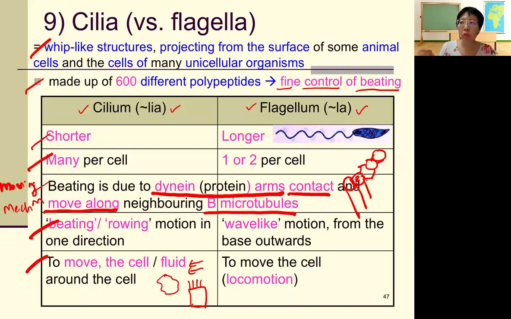And also, once the egg is released to the oviduct, the cells of the oviduct contain cilia to create the current for the mucus to move so that the eggs will be swept along with the current of the mucus. Then the flagellum is to move the cell. To move the cell means locomotion, movement of organisms.